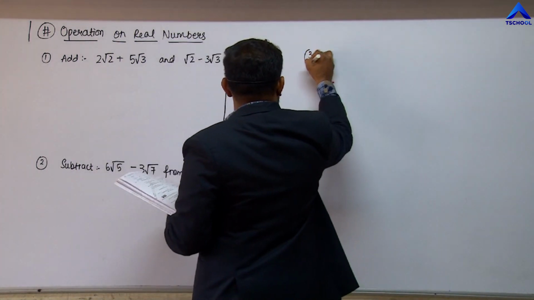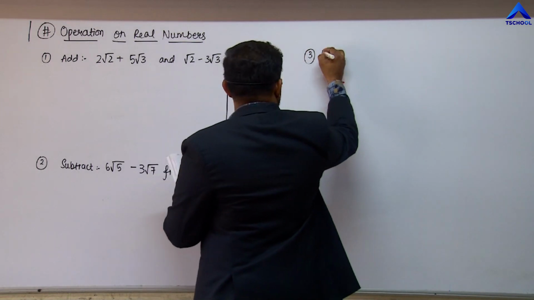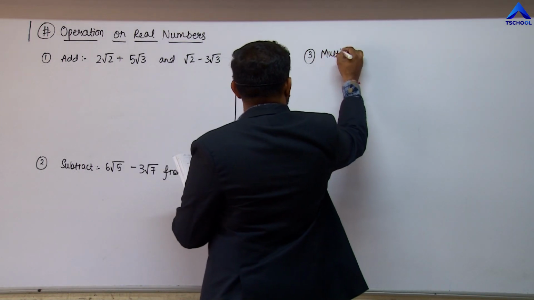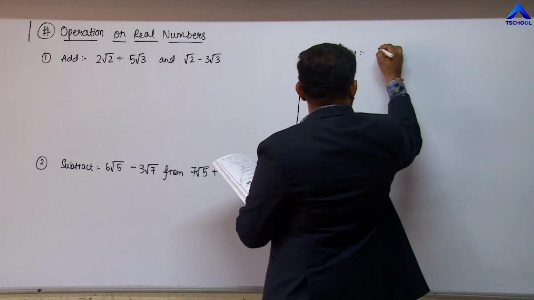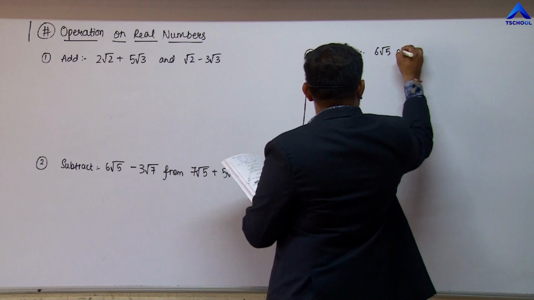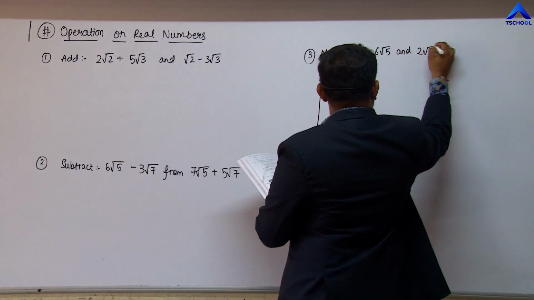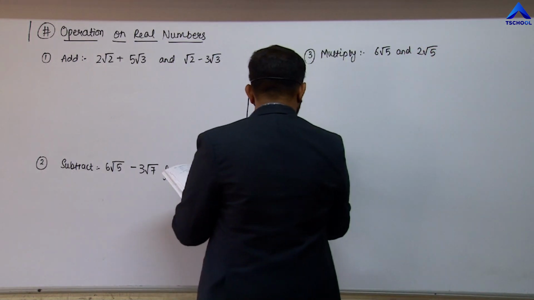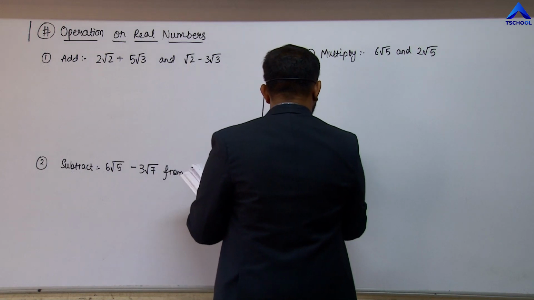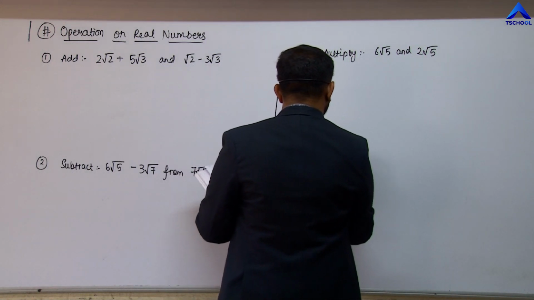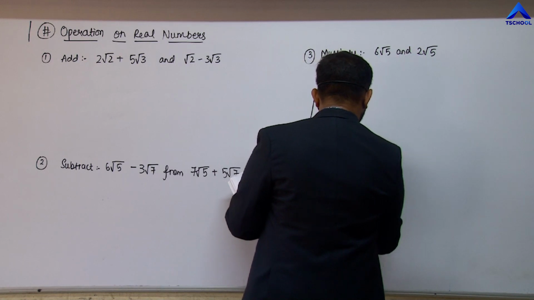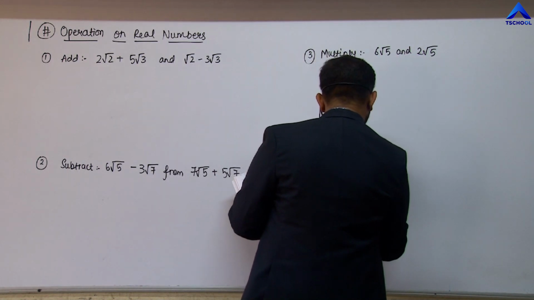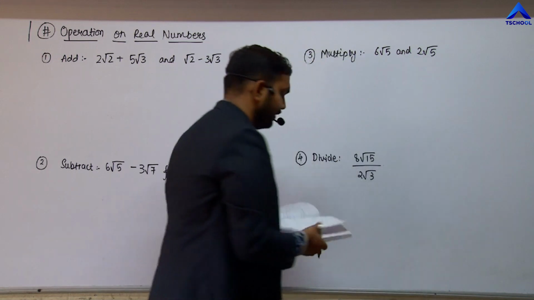The third one is to multiply 6 root 5 and 2 root 5. See, these are simple multiplications for now. And the last one is to divide 8 root 15 by 2 root 3.